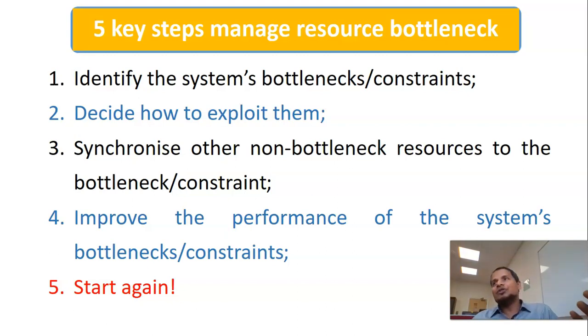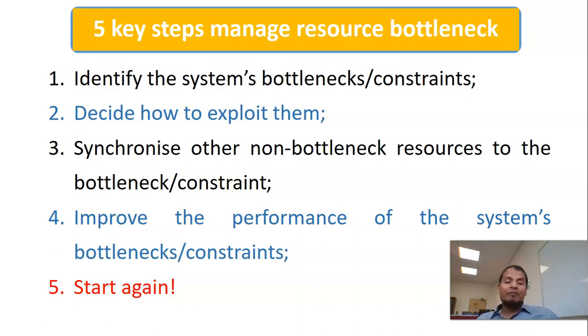We should not use non-bottleneck resources more, as that will not give us any benefits. The bottleneck resource is the basis for determining how much of the non-bottleneck resource we should use. If we use non-bottleneck resources more, that will give us work in process and more inventory, which will tie up more capital in the organization. Idle capital will not give us any benefit.